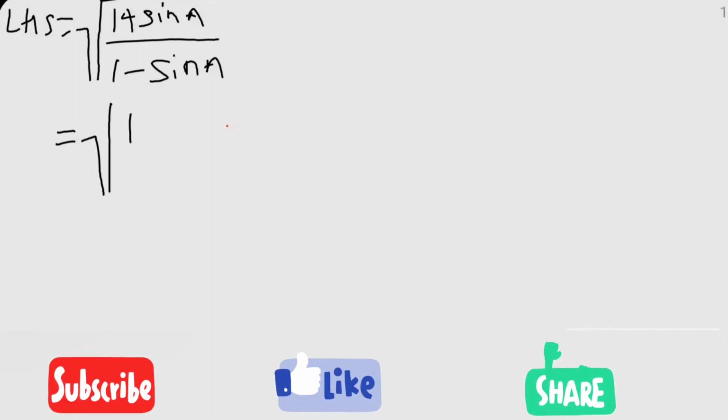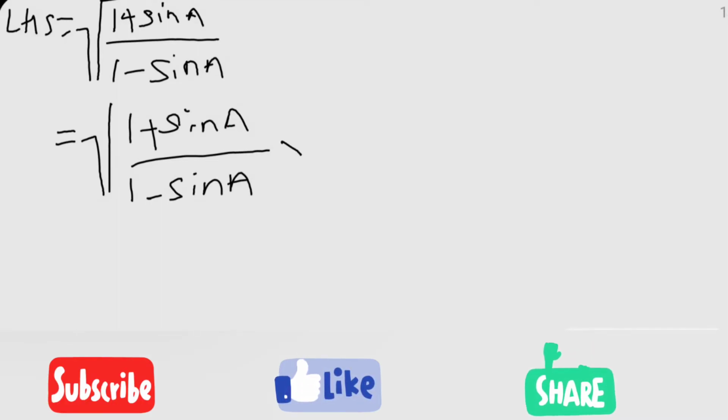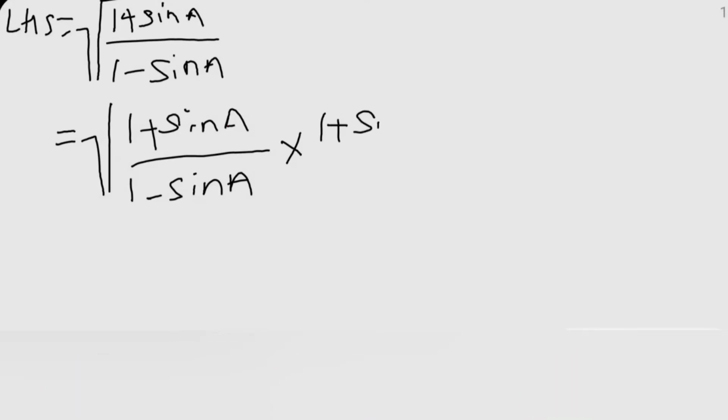Under root 1 plus sin A divided by 1 minus sin A into 1 plus sin A divided by 1 plus sin A. Multiplication and dividing by 1 plus sin A.